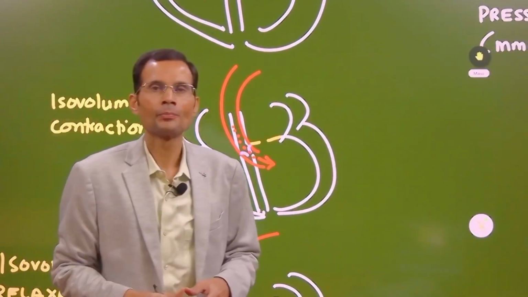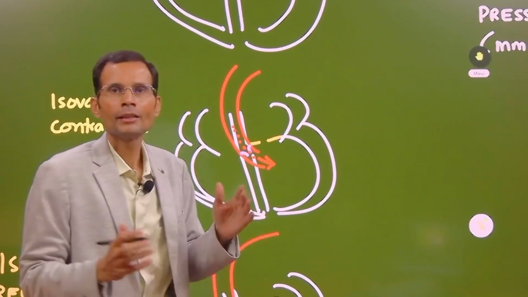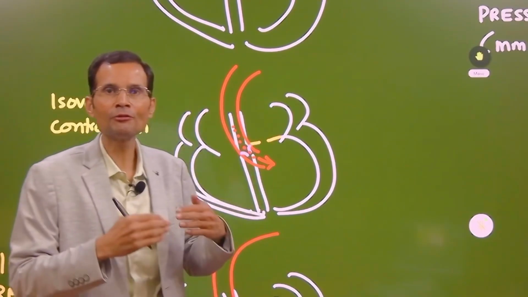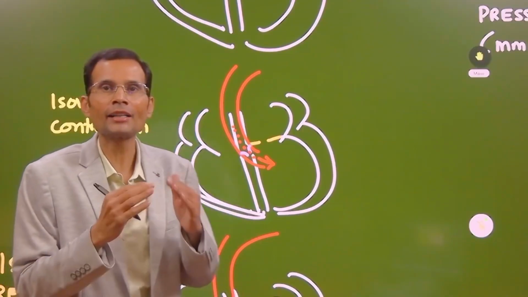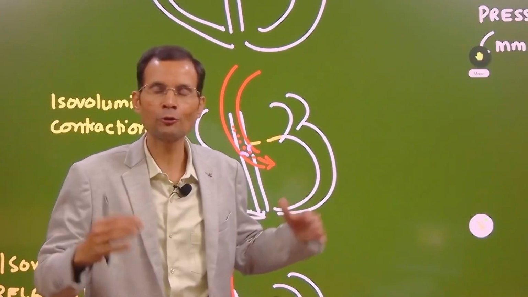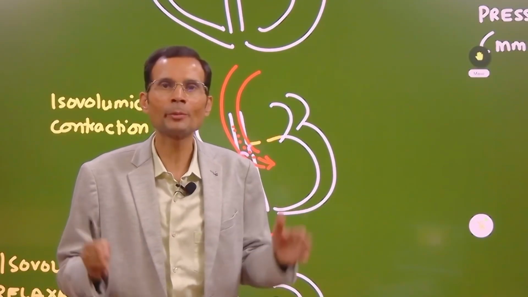Isovolumic contraction. Remember the isovolumic contraction phase? Ventricles begin to contract and AV valves are closed, but semilunar valves are yet to open, right? So all four valves are closed and ventricles are contracting like a closed chamber. That's isovolumic contraction.